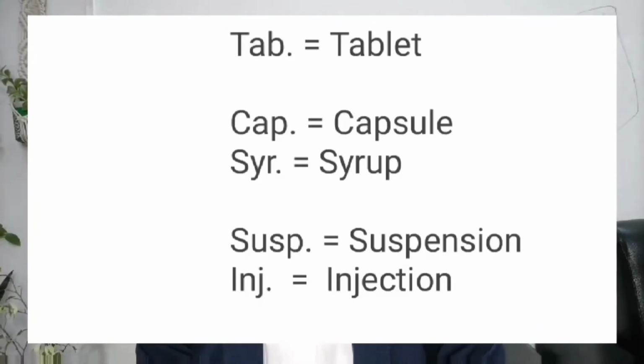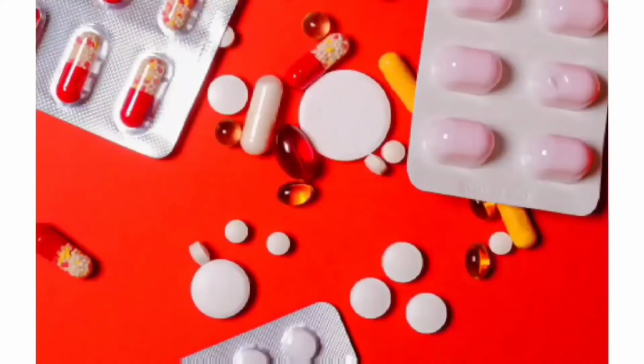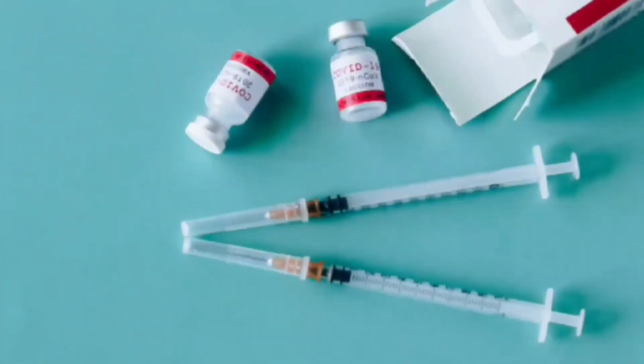That means that these are the forms of medicine, or these are the types of medicines which the patient has to take. It can be a tablet form, it can be in the form of capsule, syrup, suspension, or the drug can be in the form of injection.